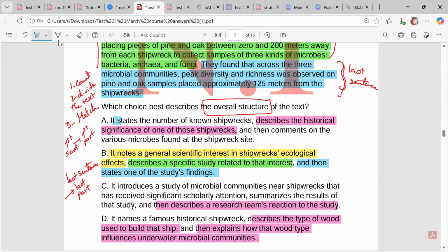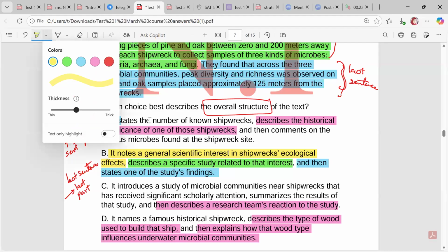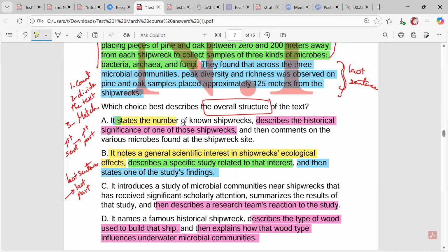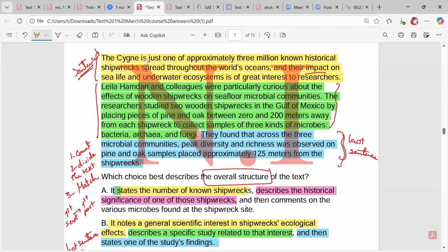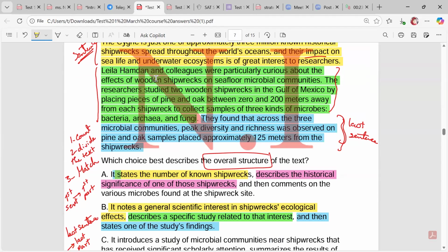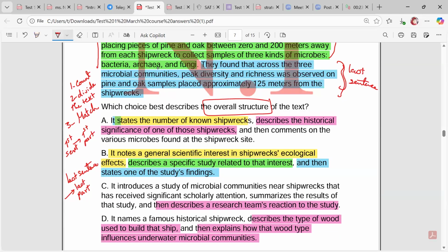Wait, let's get the yellow so it looks the same. It states the number of known shipwrecks. No, I said shipwrecks but it only mentioned one well-known shipwreck. So this is only one shipwreck. So this is wrong. Be careful: one part that is not matching makes the whole choice incorrect.